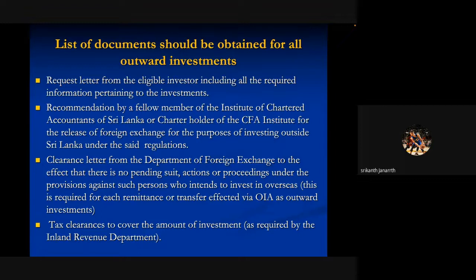Then, as I told you, a recommendation from a chartered accountant or a charter holder of the CFA Institute can also give a recommendation. That means some qualified person has to go through the investor's proposal and recommend that this investment is good.